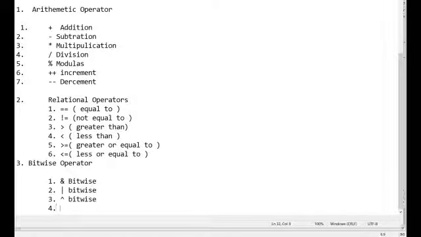Fourth one, we call as the binary one's complement, or bitwise complement operator.